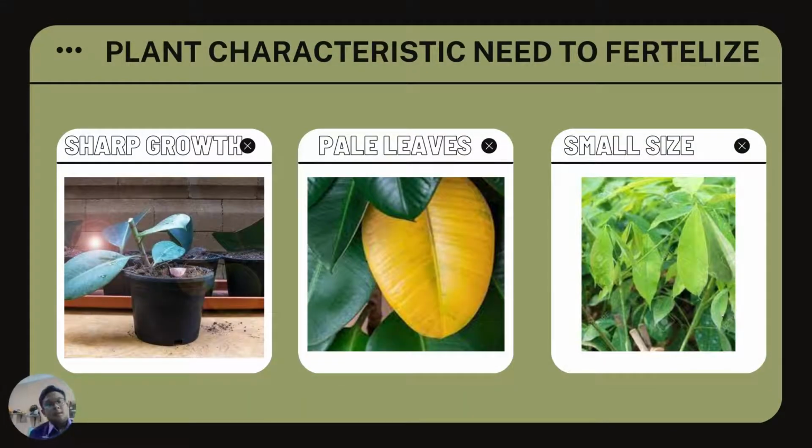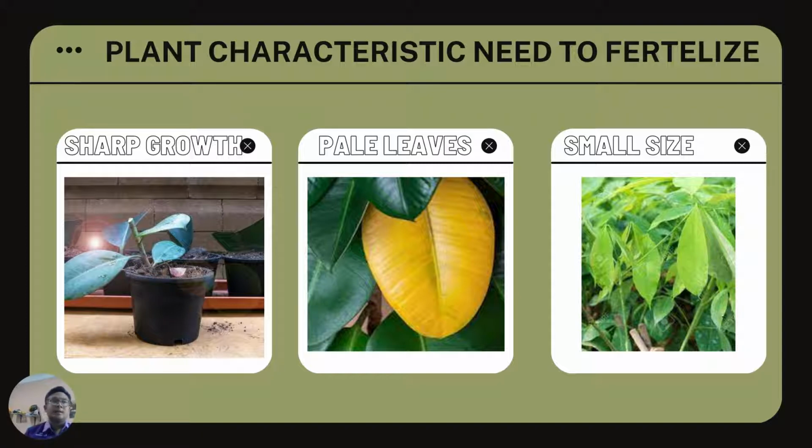In the next slide, we can see the plant characteristics that show when we need to fertilize the plant. First, slow growth of the rubber tree, and the rubber tree produces pale colored leaves and is small in size.